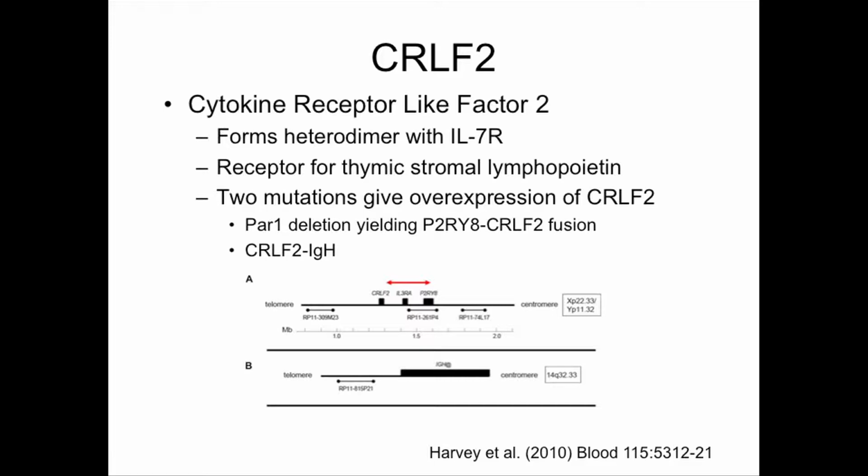One is a deletion of a gene called PAR1 on the X chromosome, yielding this particular fusion protein or construct. The other is a rearrangement that juxtaposes the immunoglobulin heavy chain enhancer next to the CRLF2 gene. In both cases, there's an upregulation of expression of this protein on the cell surface, and hence an increased signaling that then drives cell proliferation.